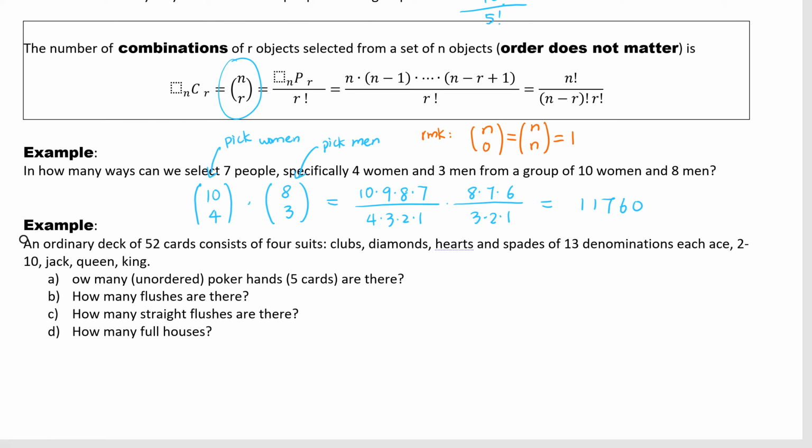If R is 0, 0 factorial is defined to be 1, then you're going to have N factorial over N factorial, that's 1. Next, N choose 1 equals N choose N minus 1, which equals N. When we plug in R is 1, this is 1, this is N minus 1 factorial. So that's why we're just left with N.